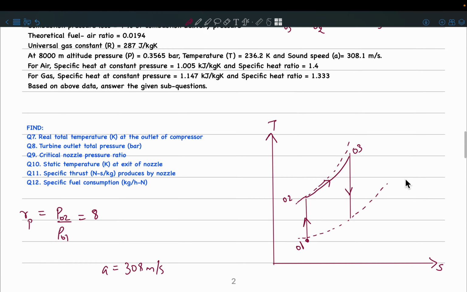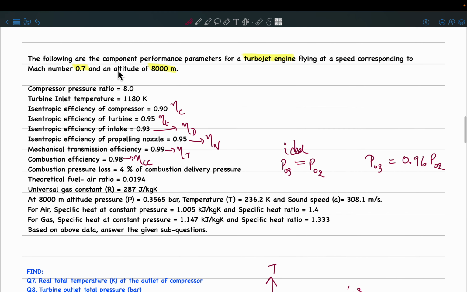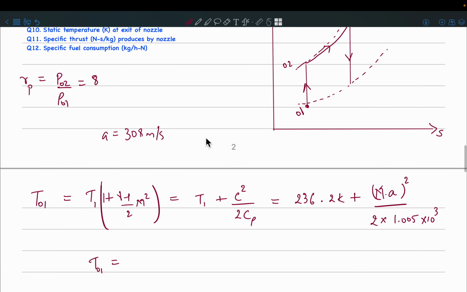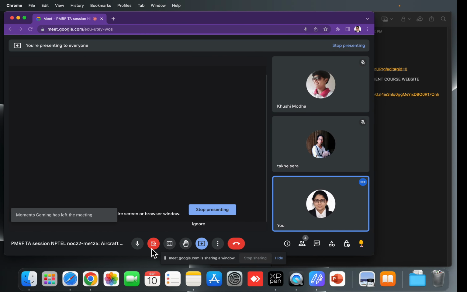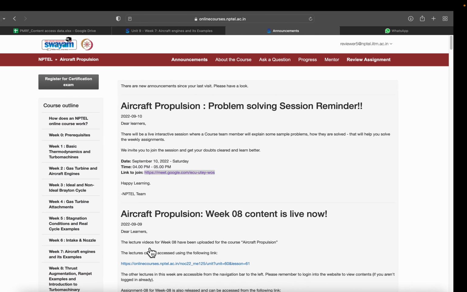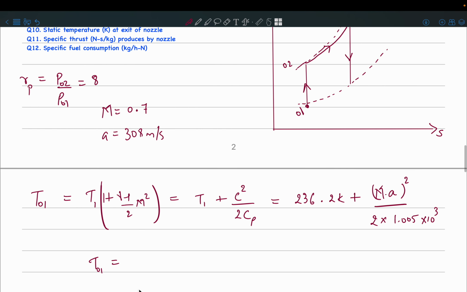What is the Mach number given? 0.7. So now what is T01? Yes, 259.34 Kelvin.